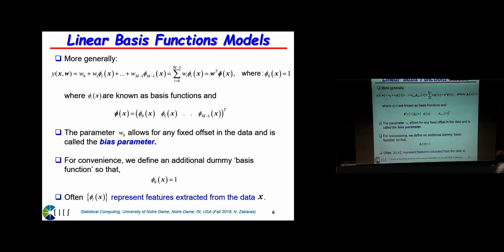Okay? So again, I'm using the same convention. I put a dummy phi0 there, so I can write this in a unified way as w transpose times phi. The only thing I'm going to say now is that when you do regression problems, these functions phi need to be of local support. So don't use a polynomial that is extended all over the space. That is not going to be very helpful. It has to be of local support.